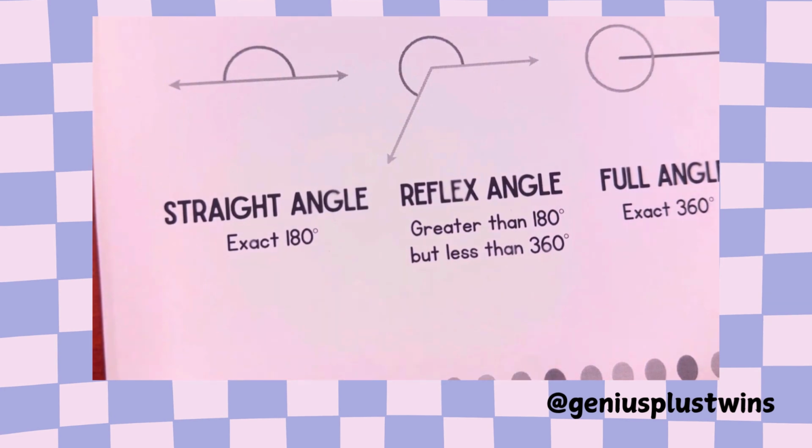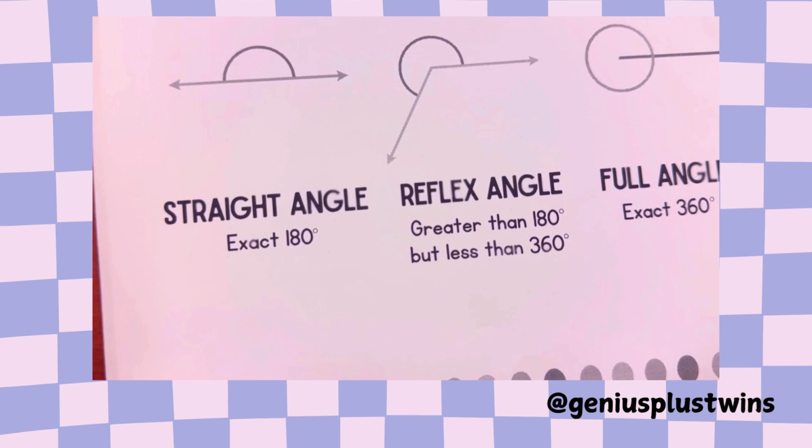As for the reflex angle, that measures more than 180 degrees, but less than 360 degrees. Imagine a pizza with just one slice taken out. The remaining pieces form a reflex angle. It's like a wide mouth that's almost made a complete circle.